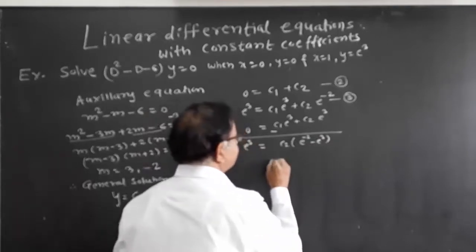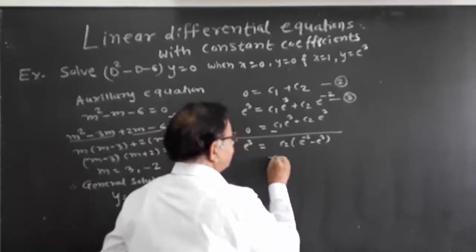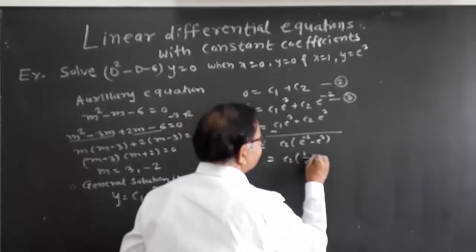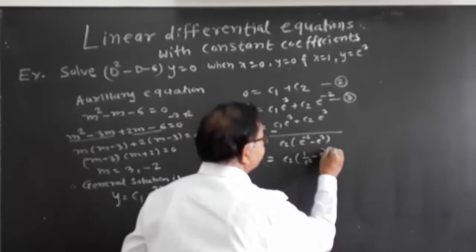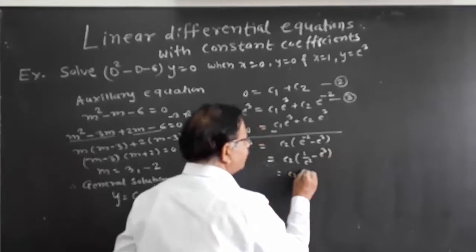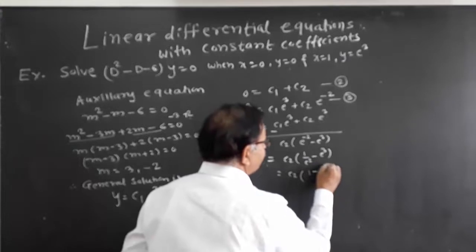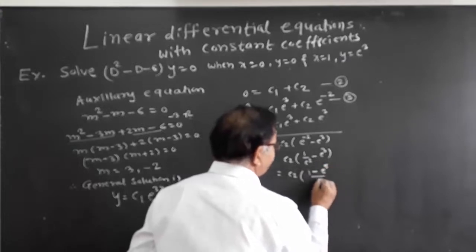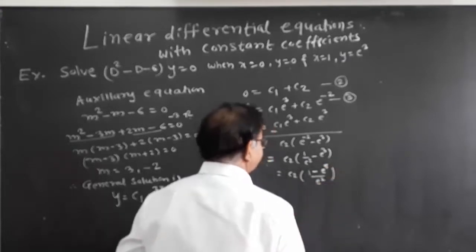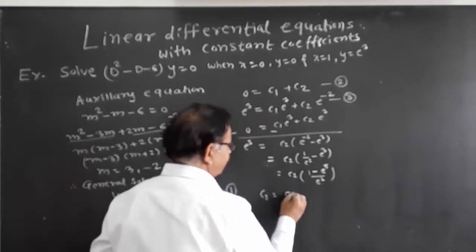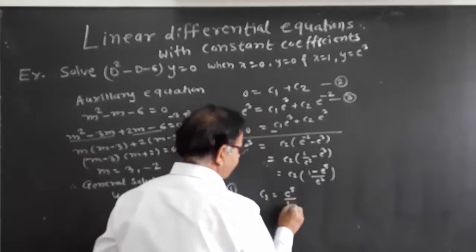Therefore c2 into (1 by e square minus e cube), that is equal to c2 into (1 minus e raised to 5) divided by e square, and therefore c2 equal to e raised to 5 divided by 1 minus e raised to 5.